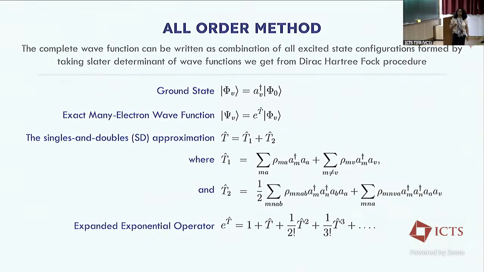And beyond the Hartree-Fock approximation, the missing correlations were included using the all-order method. I'll briefly go through it because I want to leave more time for feedback. But what we do is we start with the Hartree-Fock wave functions which we have produced and then apply an excitation operator, which is in exponential form. And currently we are employing the single-double approximation, where these excitation operators represent single and double excitations.